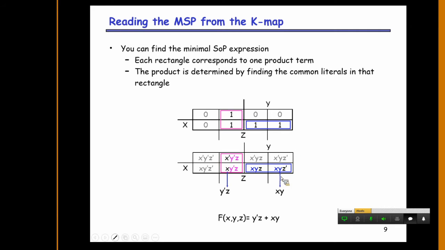Hence we have to write the common variables belonging to these two minterms. Row wise it is x, and column wise the common variable is y. Hence the minimal expression of m7 and m6 is equal to xy.